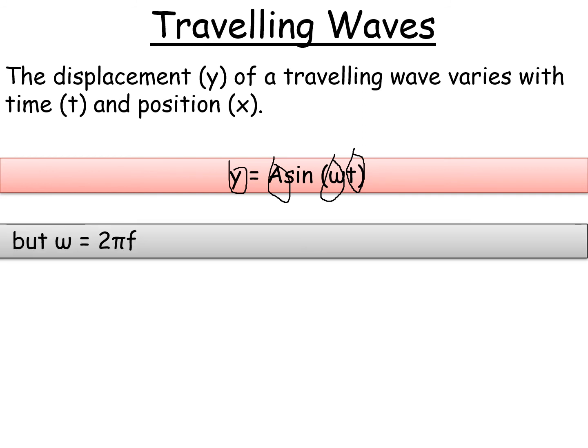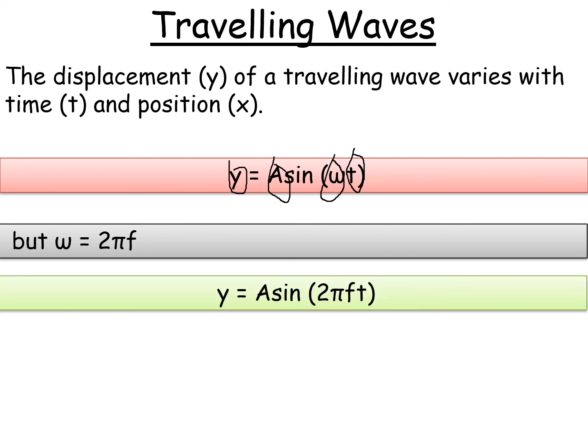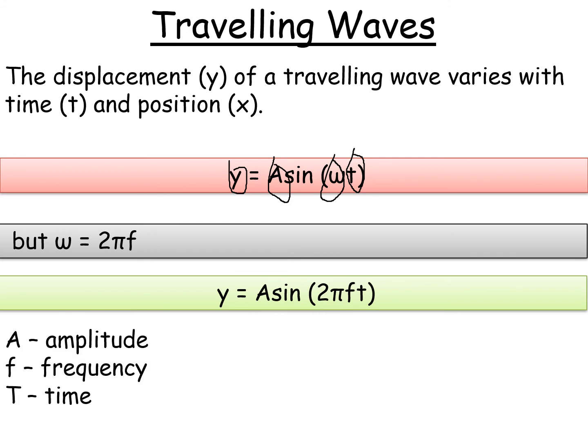Now we can do a wee bit of a substitution because we can substitute omega for 2 pi f. So you can see where that 2 pi is starting to come in our phase difference. And we rewrite that, we have this equation here. y is equal to a sine 2 pi f times t, where a is the amplitude in meters, frequency is in hertz, and time is in seconds.